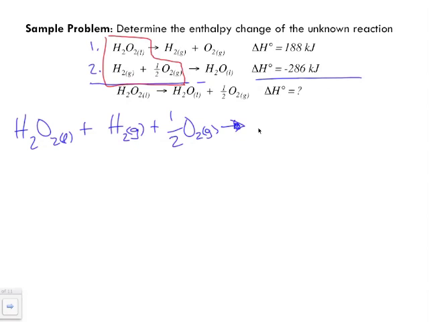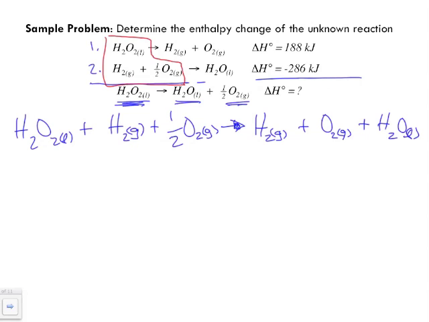And let's put together our products: hydrogen gas plus oxygen gas plus water. So we've combined all our reactants and combined all our products. Again, to do this, make sure that your target equation has these same reactants on the reactant side and these same products on the product side.